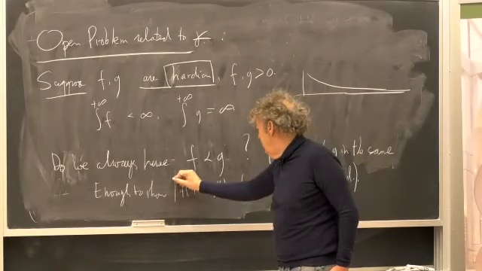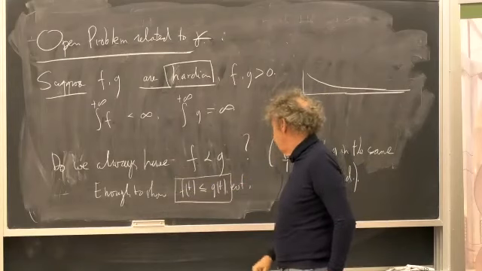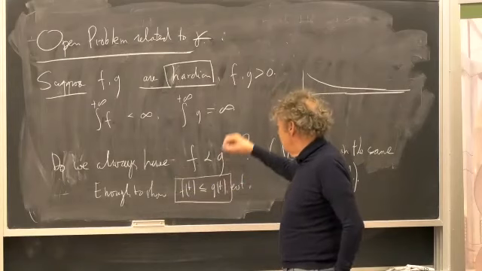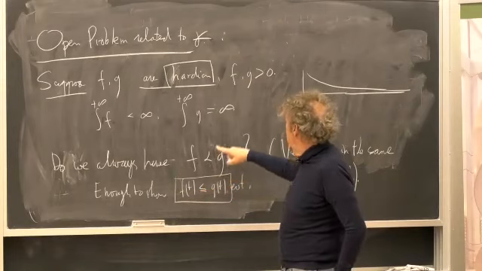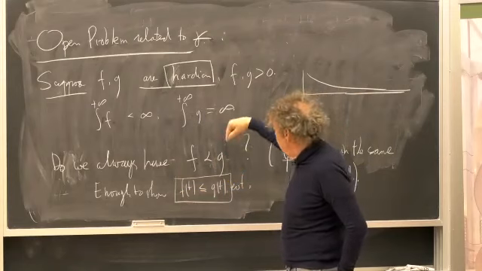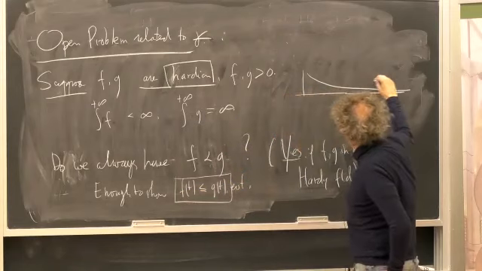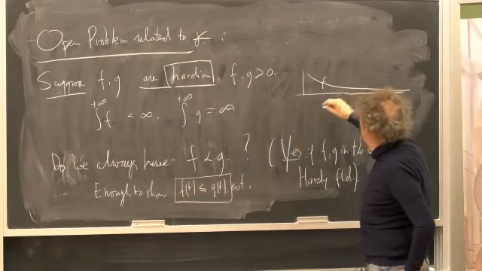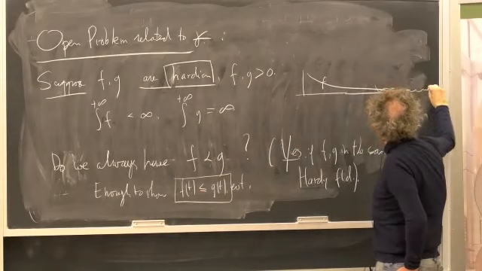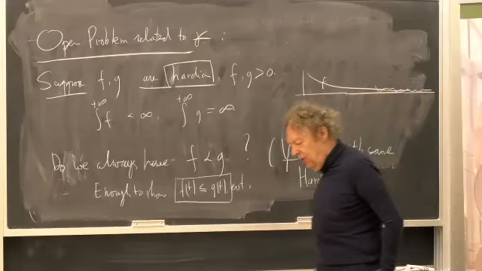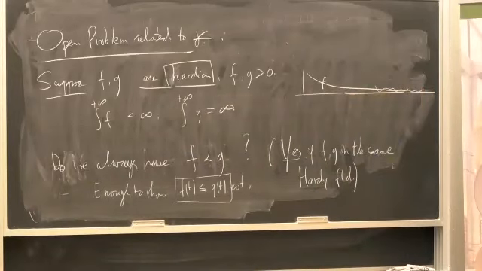So could it possibly be that g, though its integral is infinite, dips infinitely often below f, which has a finite integral? For arbitrarily large t, g(t) would be less than f(t).